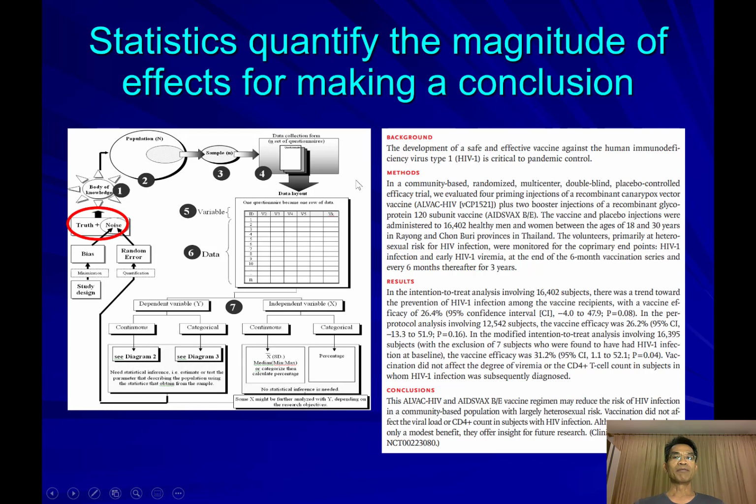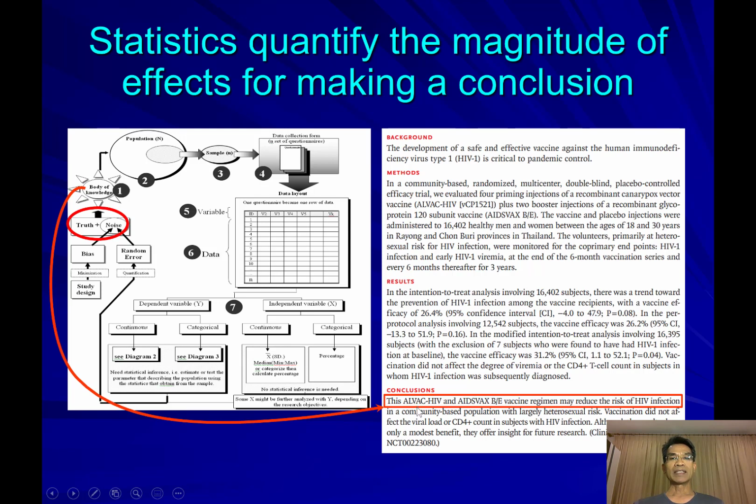The first thing I would like to conclude is that statistics quantify the magnitude of effect for making a conclusion, which is here. I pasted the study that I used as an example in the early slides.